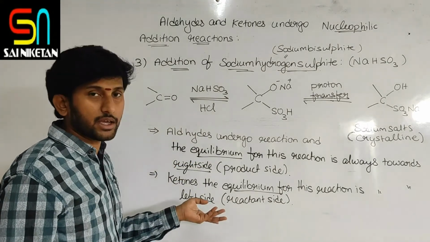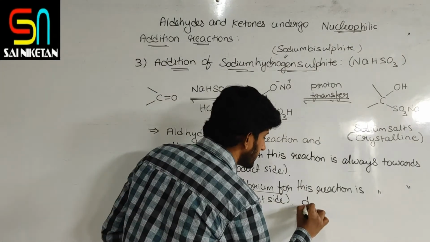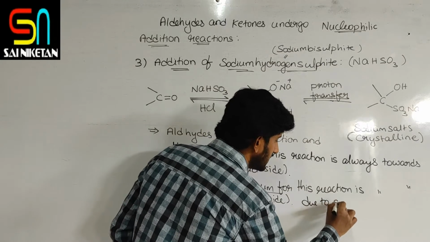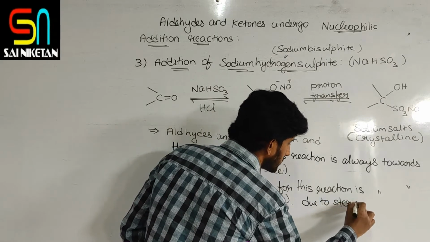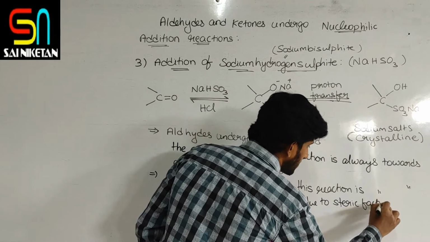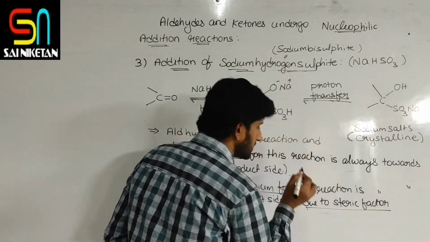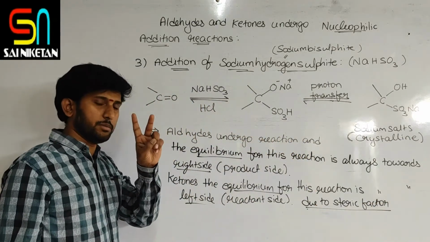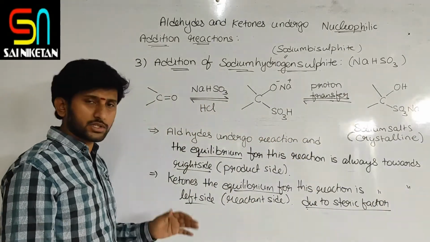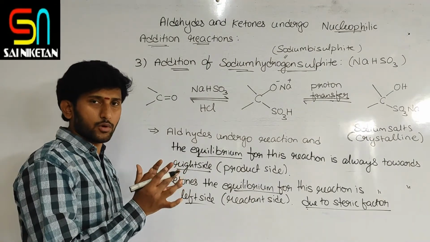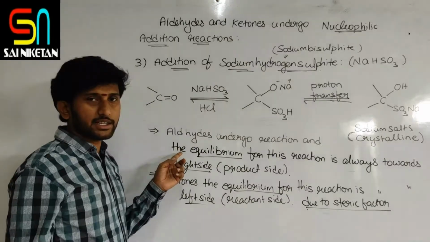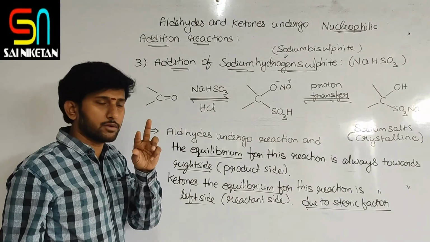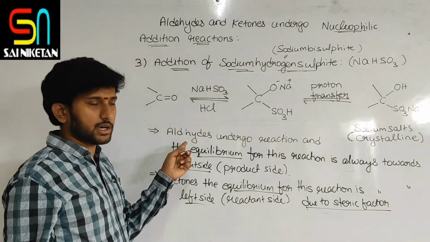Why? The same reason again: it is due to the steric factor. Ketones have two alkyl groups on the carbonyl carbon, so steric hindrance is more. Aldehydes have one alkyl group and one hydrogen on the carbonyl carbon.